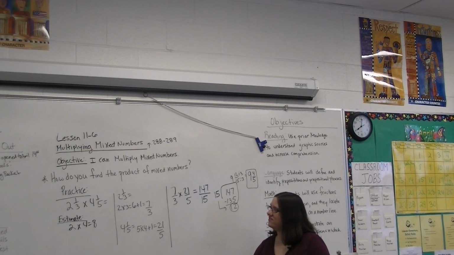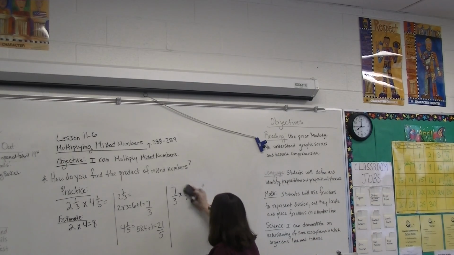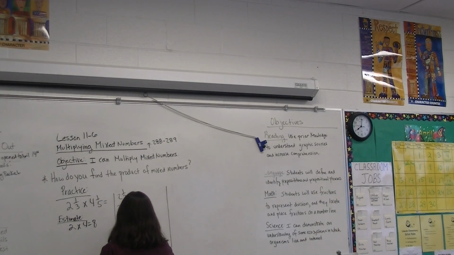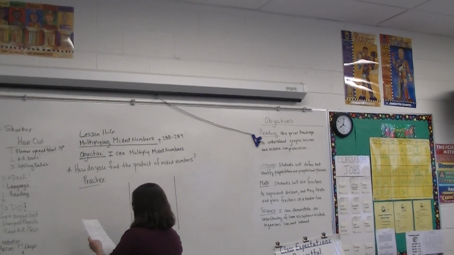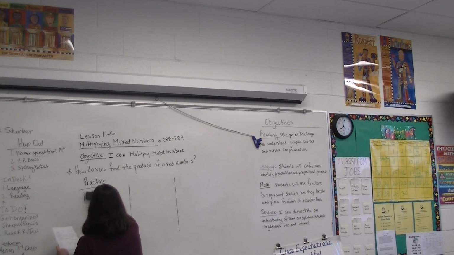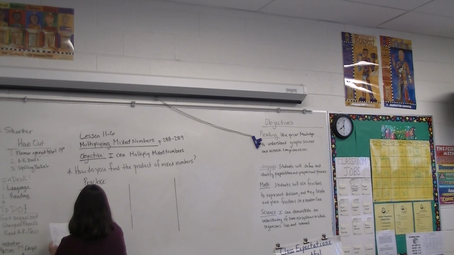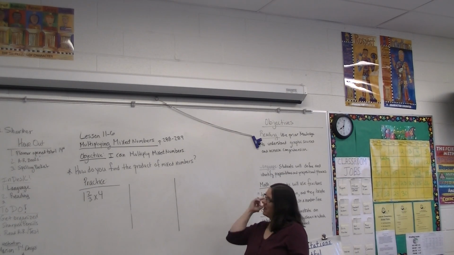Okay, we're going to squeeze in one more practice problem. And our next practice problem is 1 2/3 times 4. Now you will see with this problem, it's a little different because it has a whole number.